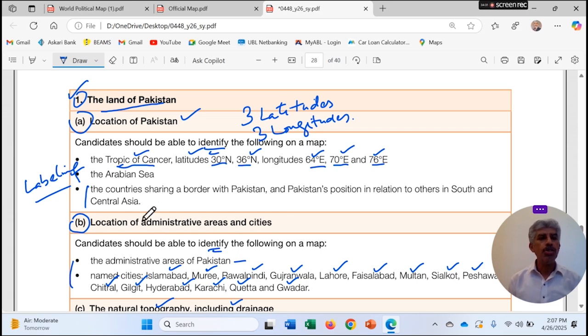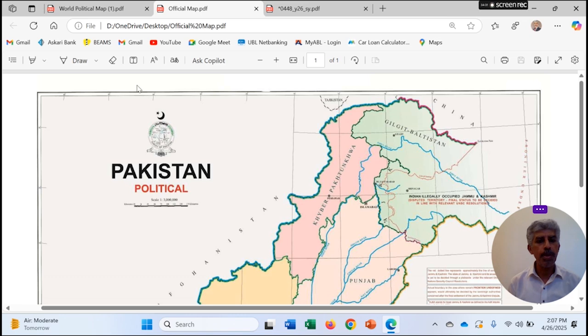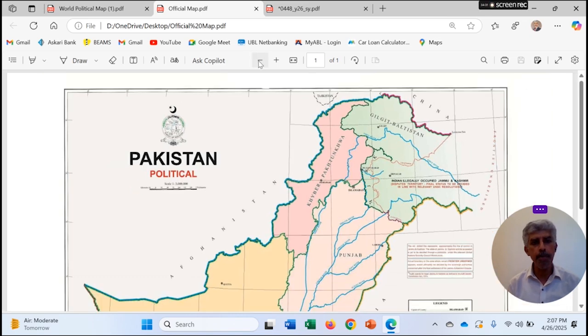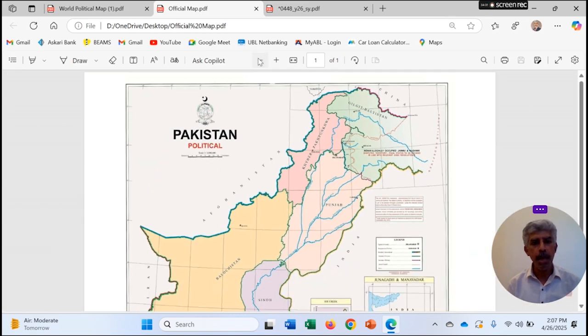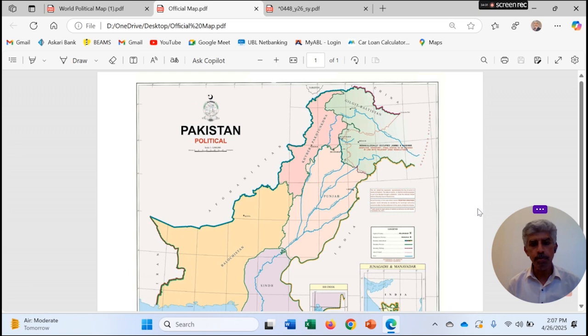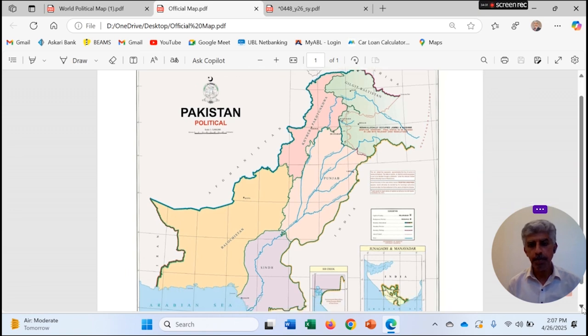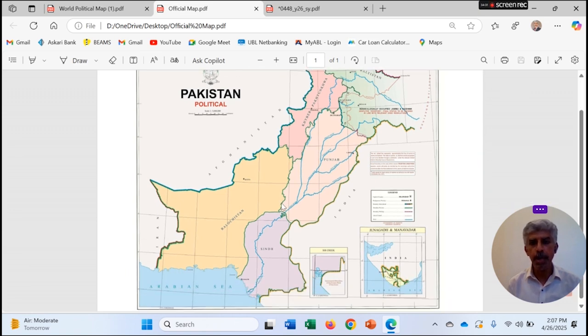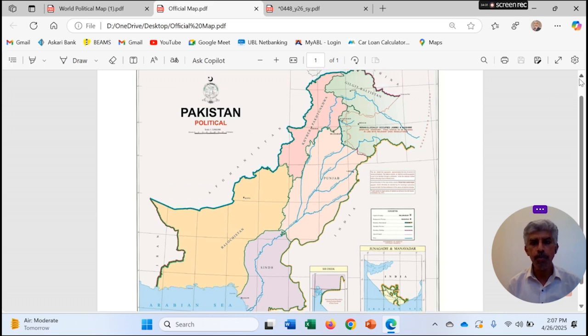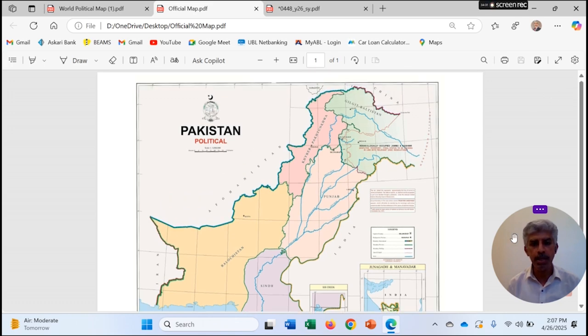Now, shifting to the map of Pakistan. So here you can see the map of Pakistan, and you can see that this is the official map of Pakistan published by the government of Pakistan, and we are supposed to be using this one for our syllabus.